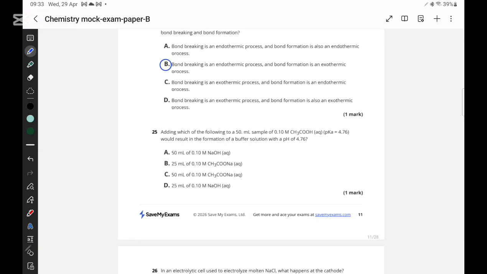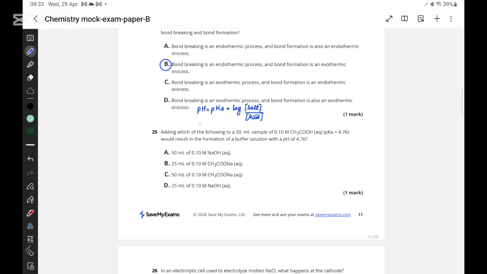Which of the following added to a 50 milliliter sample of 0.1 molar CH3COOH would result in the formation of a buffer solution with a pH of 4.76? So the formula is pH is equal to pKa plus log of concentration of salt divided by acid.